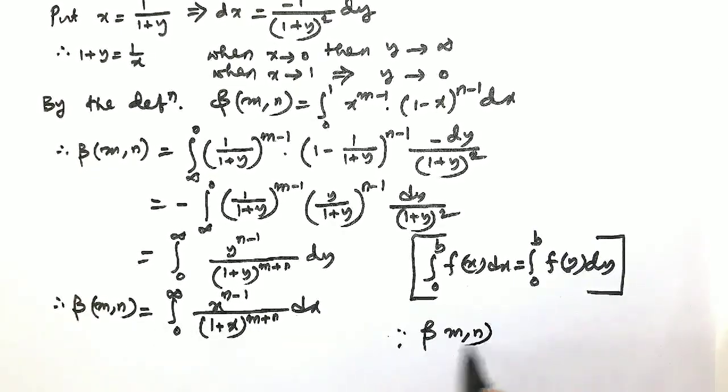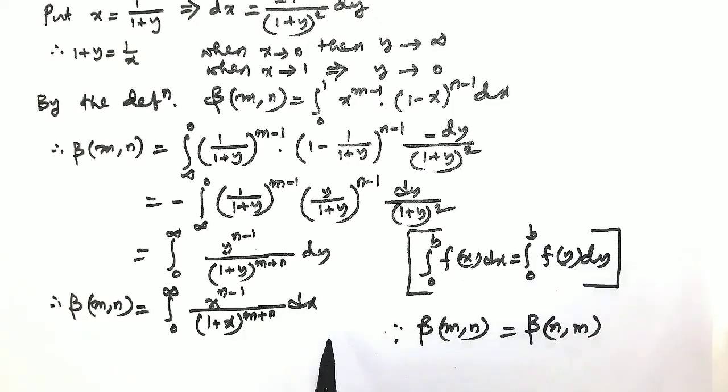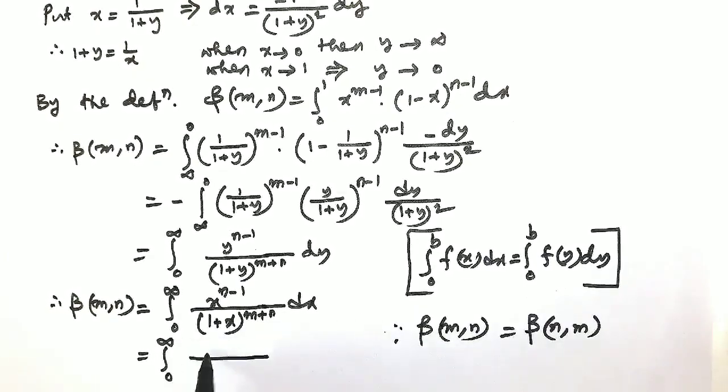So friends, we know that beta of m, n is equal to beta of n, m, using the property of symmetry. So we can write it also as integration 0 to infinity x to the power m minus 1. It was x to the power n minus 1, now we are writing x to the power m minus 1, for this basic property, the property of symmetry of the beta function, upon (1 plus x) whole power m plus n dx.